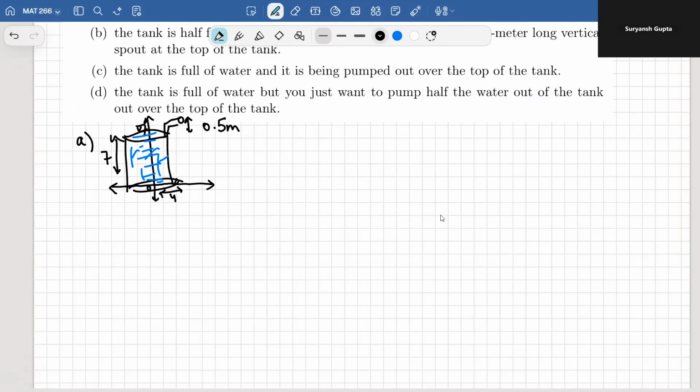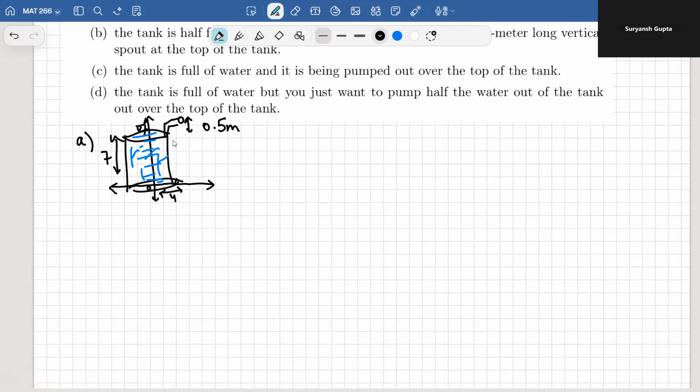To find the work, we have to multiply the gravitational acceleration times the density, which is already given to us, times the area of cross section, times the variable height that we're trying to throw out the water from, or that'll be left in the tank in the end.